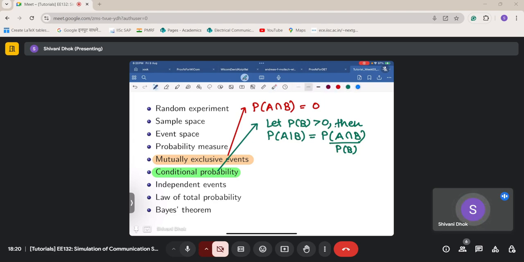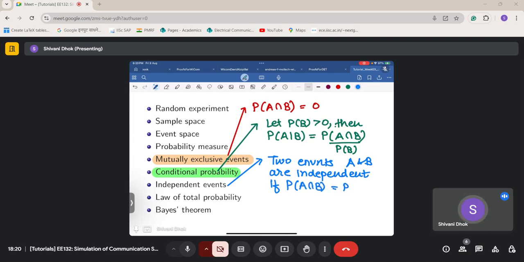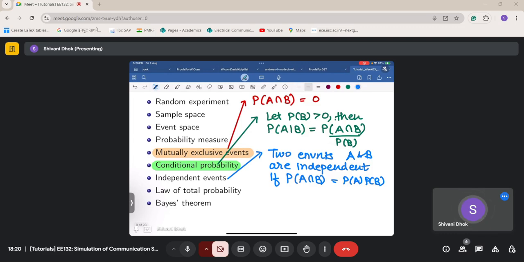And then we have another important concept, that is independent events. Two events A and B are independent if the probability of A intersection B is equal to the probability of A times the probability of B, and this is equivalent to saying the probability of A given B is equal to the probability of A. And why is it so?